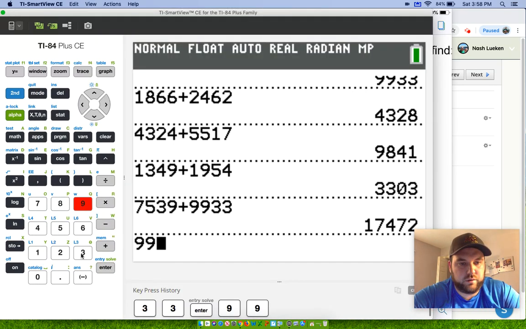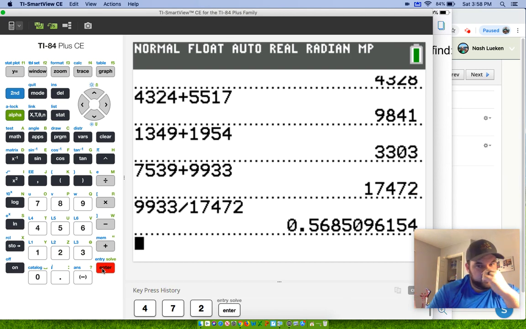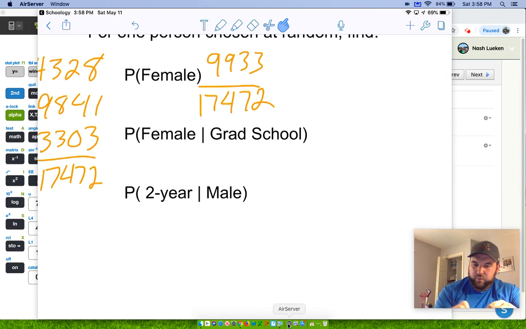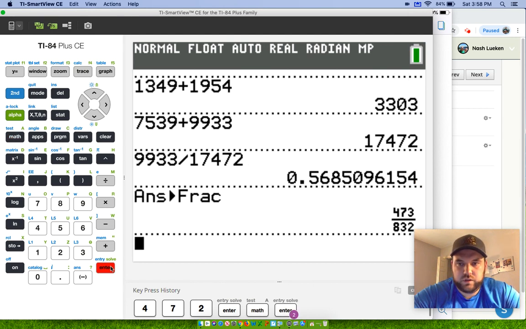So 9933 divided by 17472, and I get 0.569, or 56.9%. Again, I could go math, enter, and see if that reduces: 473 out of 832.